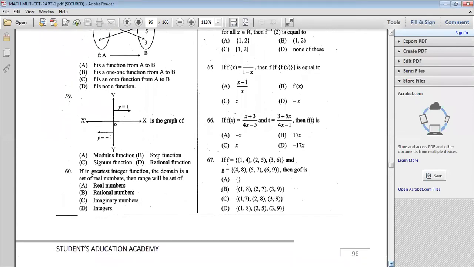So there is F given and G given. Then what is G circle F? Just observe here.